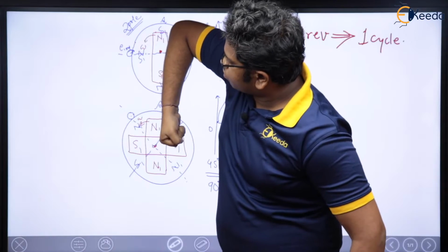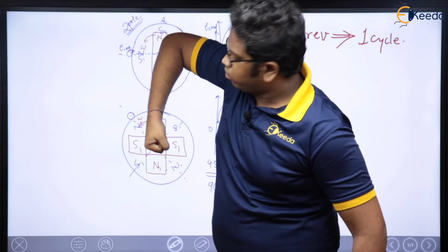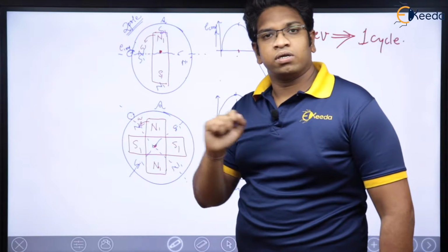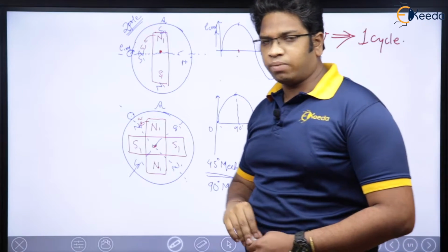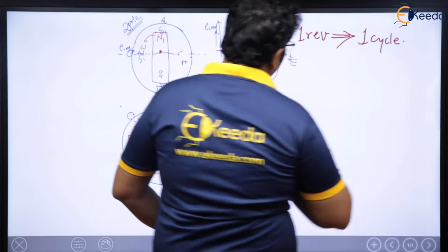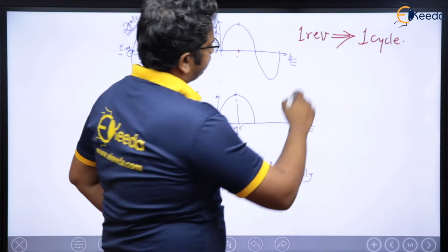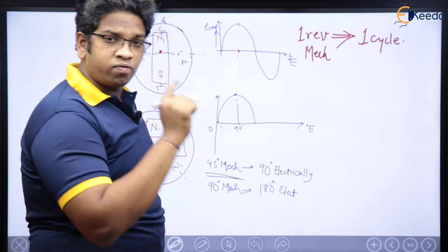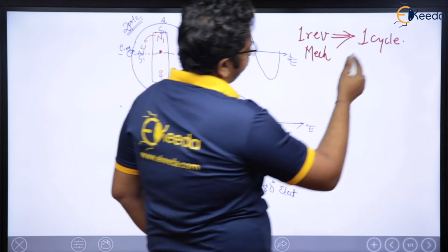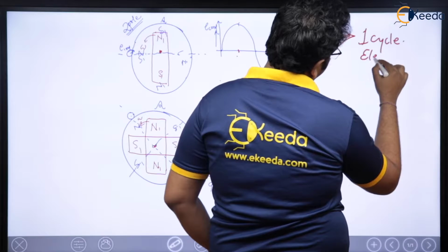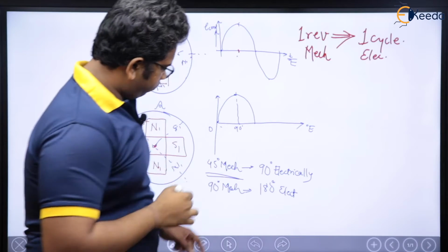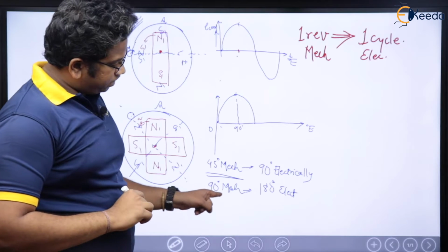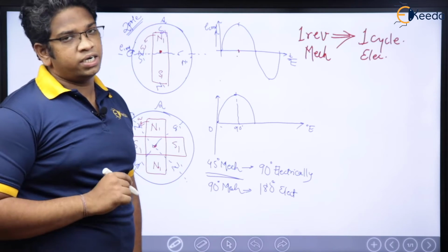Again after 90 degrees, 0. Again after 90 degrees, negative maximum. Anyways, you have got the point, right? So one revolution mechanically of rotor poles produces one cycle electrically, right? But here, 90 degrees mechanical produces 180 degrees electrical.